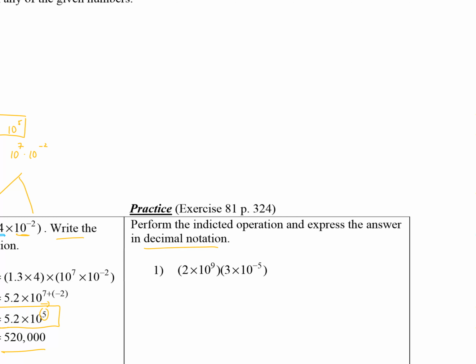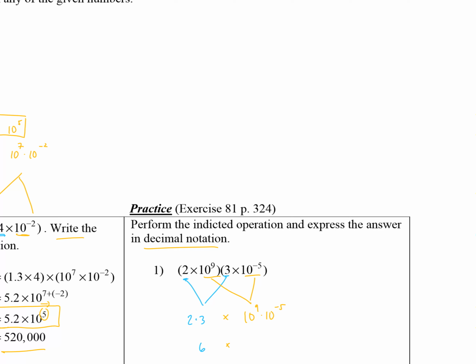But let's remind ourselves, the 2 and the 3 multiply together, because those two are not part of the 10s. And the 10 to the 9 and 10 to the negative 5 go together, because they're part of the 10s. And they're still all multiplying. Now 2 times 3 is obviously 6. And 10 to the 9th times 10 to the negative 5th.